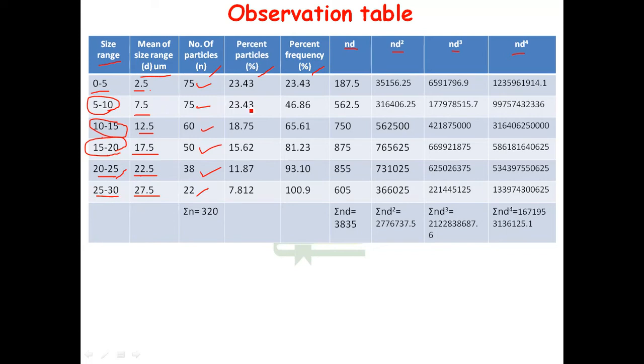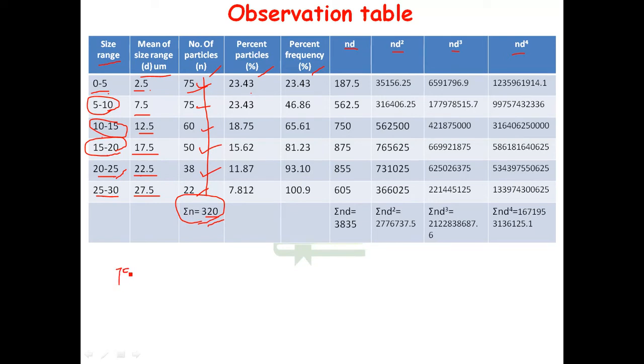Now we have converted this number of particles into percentage. How? The total number of particles, the total of all these numbers, is 320. 75 particles out of 320 were of size range 0 to 5. So how do you calculate the percentage?